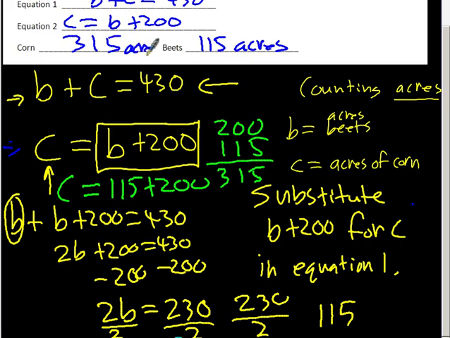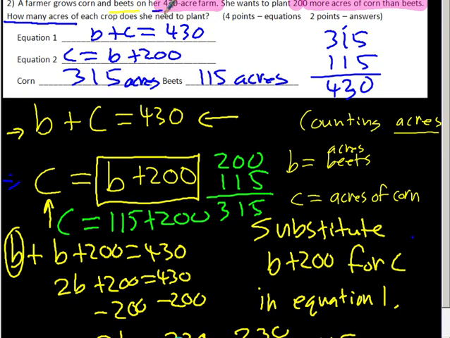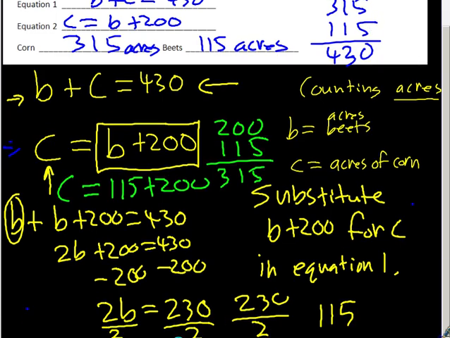Okay, so just checking. 315 plus 115, 0, 2, 4. Is that right? No, excuse me, 3, because I got that extra 1. 430. That's how many acres I started with. There it is. Okay. Is 315, 200 more than 115? Yeah, well, that was pretty easy, that part. Okay. A lot of steps, but no one step is really very hard.